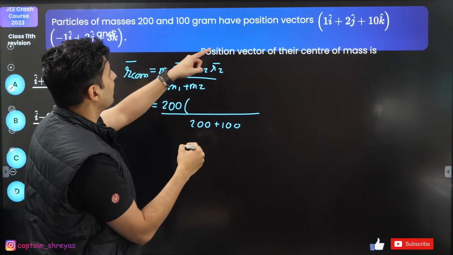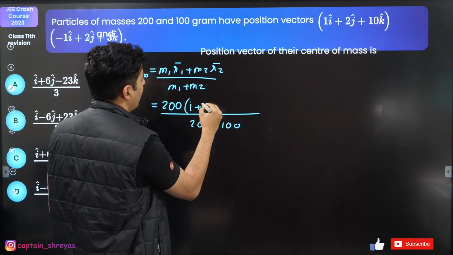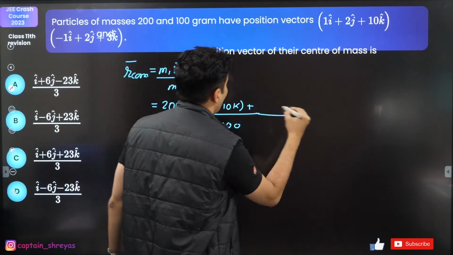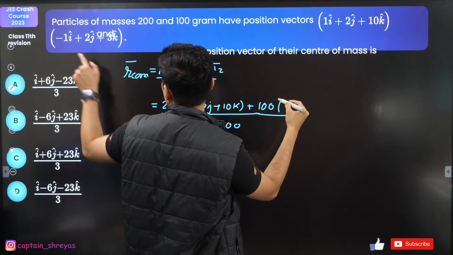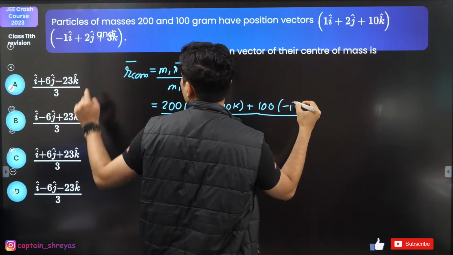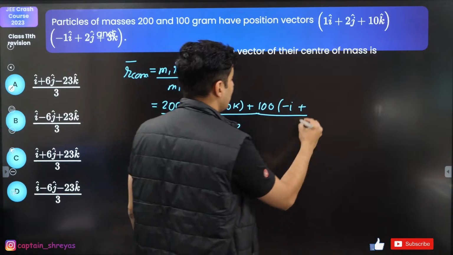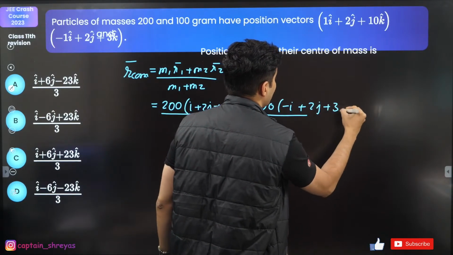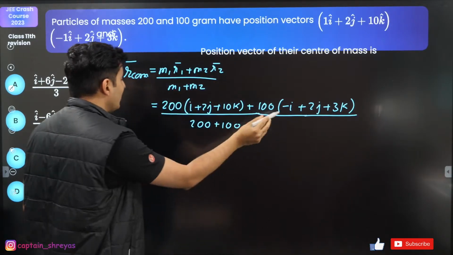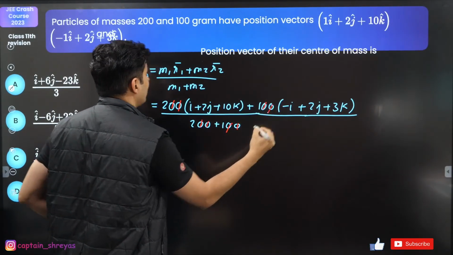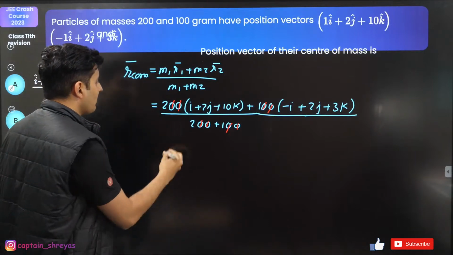What do we have over here? First vector I plus 2j plus 10k, plus 100 into this guy, so minus I plus 2j plus 3k. Now the 0s you can cancel everywhere, so things will be much easier.